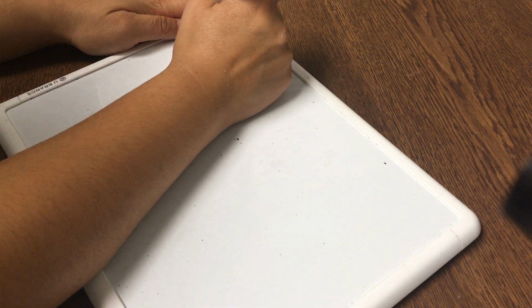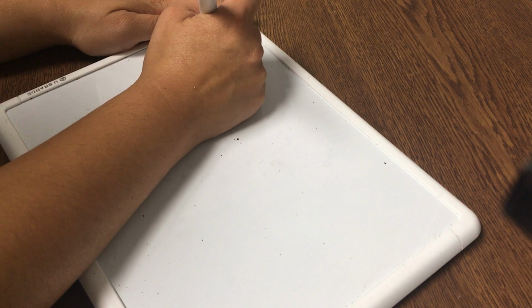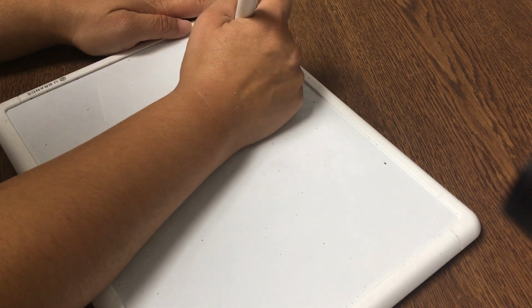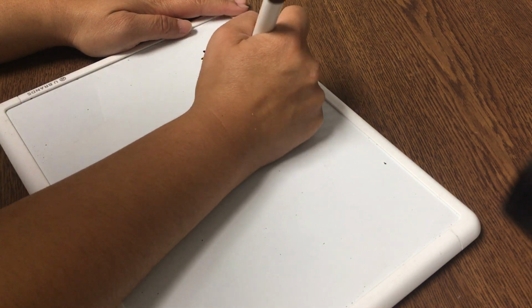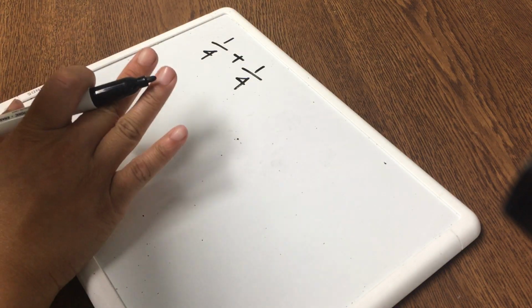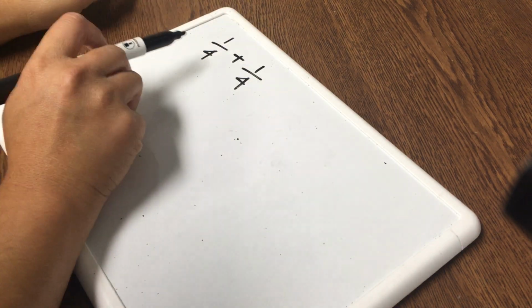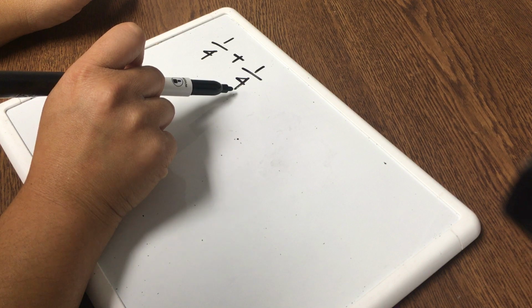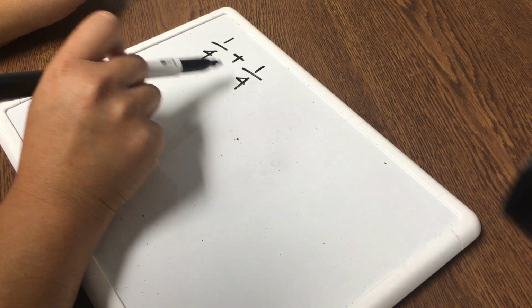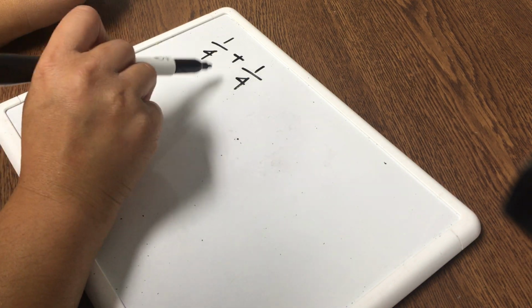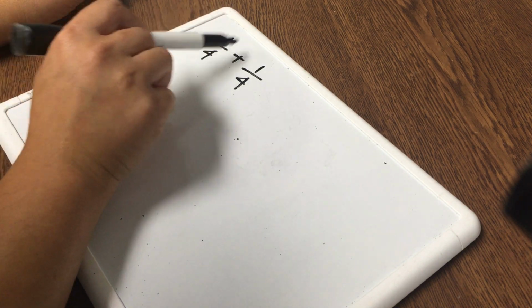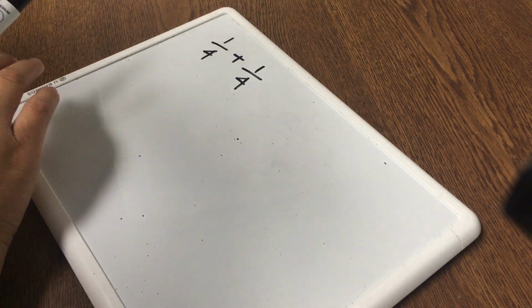So let's start adding like denominators, and by this I mean, here's an example: 1 over 4 plus 1/4. This is like denominators, where both have the same number as the denominator. The denominators will be the bottom number and the numerators will be the top number.